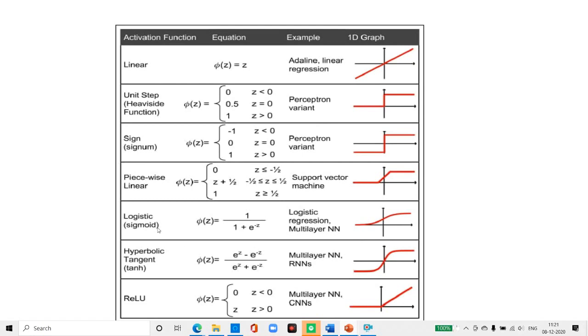So the logistic sigmoid is used in logistic regression and multilayer neural networks. And in a perceptron, the sine is an example of a perceptron variant. So in a perceptron we can also use the unit step Heaviside function.